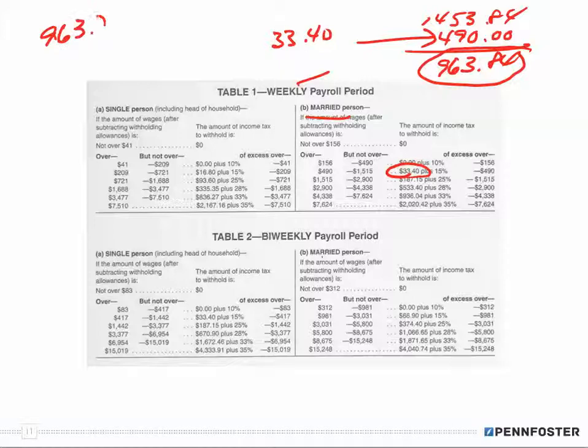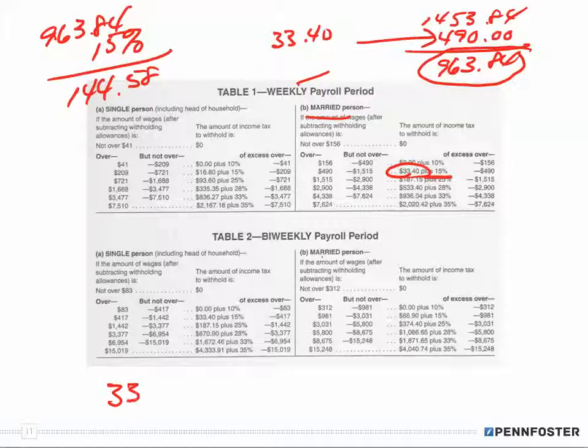But now we have to figure out how much tax is on this 963.84. We're taking that times, it says plus 15%. So we multiply 963.84 times 15%, and that gives us 144.58. So we have $33.40, which is the tax on the 490, and we add the 144.58, which is the tax on the 963.84.